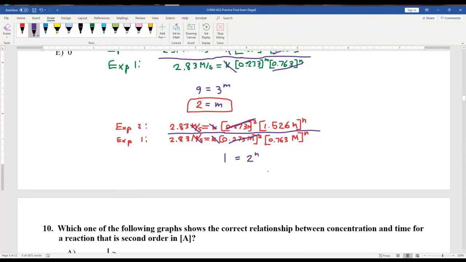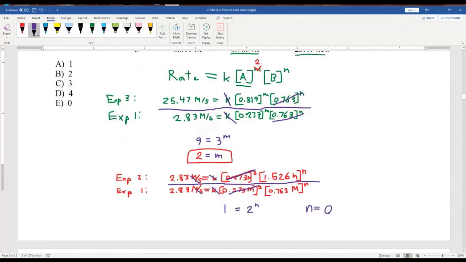Well, the only way you can raise something to a power and have it be equal to 1 is if the power is what? Yeah, 0. So n is actually equal to 0. So this is actually a 0 order reaction with respect to B. So this n up here is actually a 0.